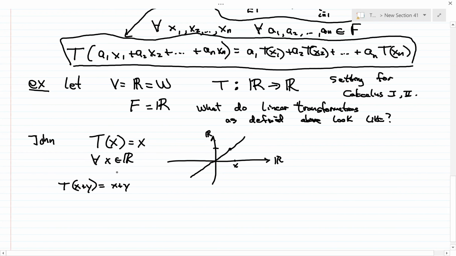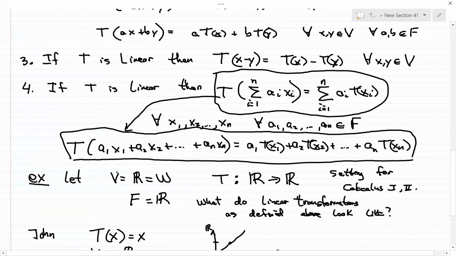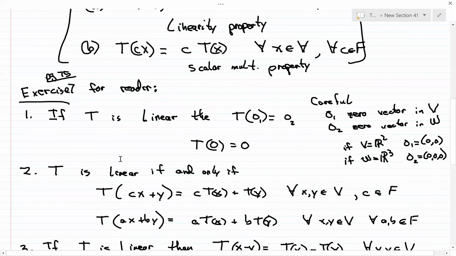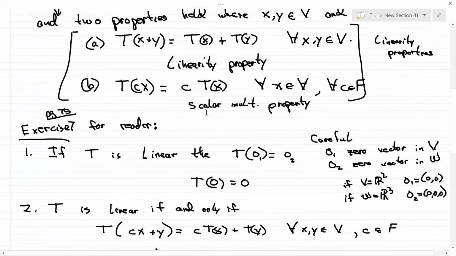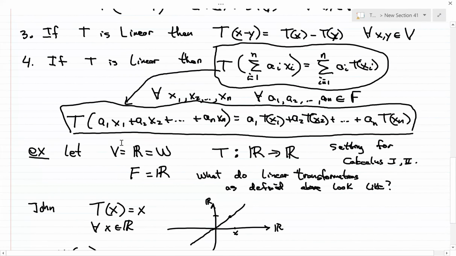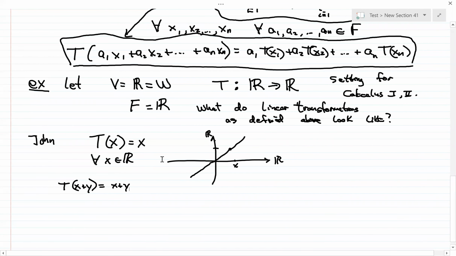And what we're trying to see is, does property A hold over here? Well, he already told us T of X is X. So this is this. And if you're on the line, Y is some other number here, and then you get Y wherever it is. That's also on the line.